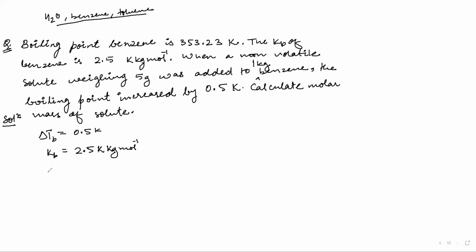WB is 5 grams. WA is 1000 grams. Do we need the molecular mass of A? I don't think so. We just need the molecular mass of B. Calculate this and let me know the answer.